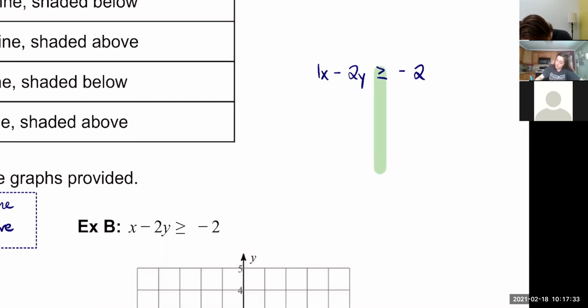Put my little guideline in here, to make sure I'm not accidentally moving that inequality sign around. And then I go to work. I'm trying to get the y by itself. First thing I'm looking at, I've got to start a little bit further away.